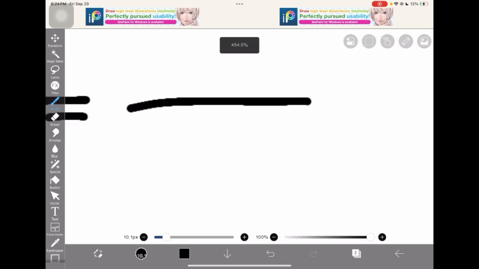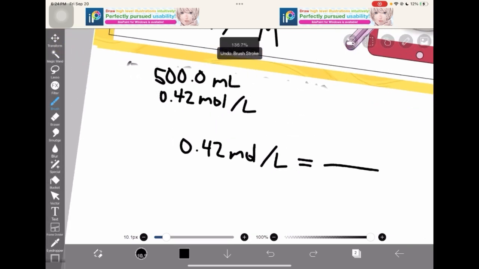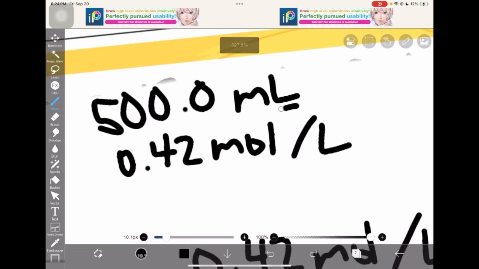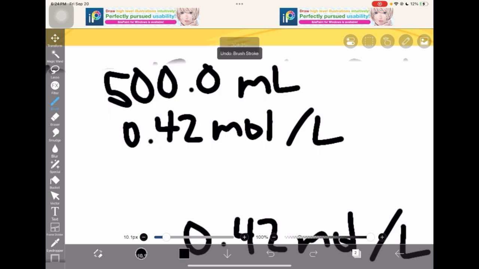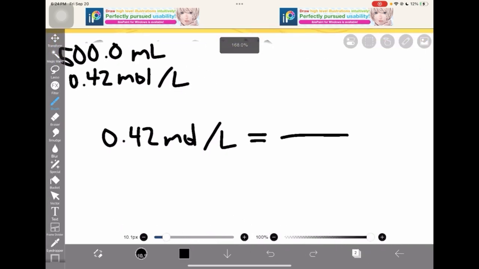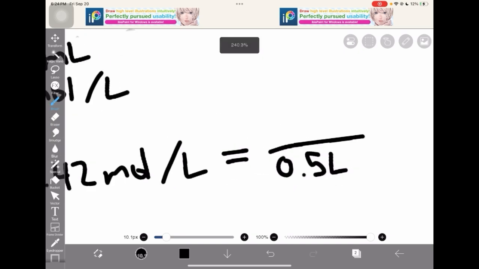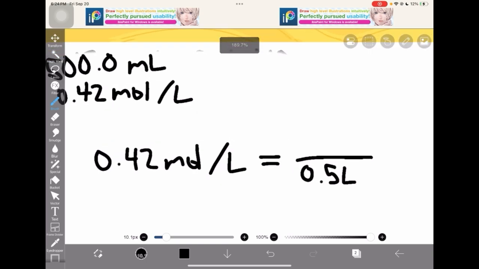However, it's liters of solution. So recalling back from our conversion, 500 ml is actually equal to 0.5 liters, because 1000 milliliters is equal to 1 liter. So we put 0.5 liter here. That's a common mistake, by the way. We have to convert first to liters, and strictly liters.